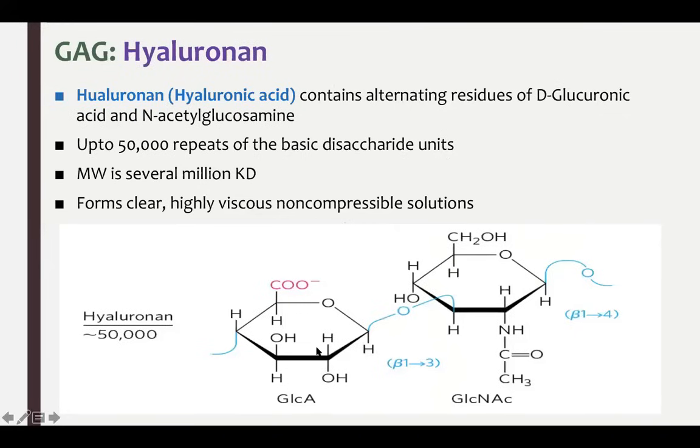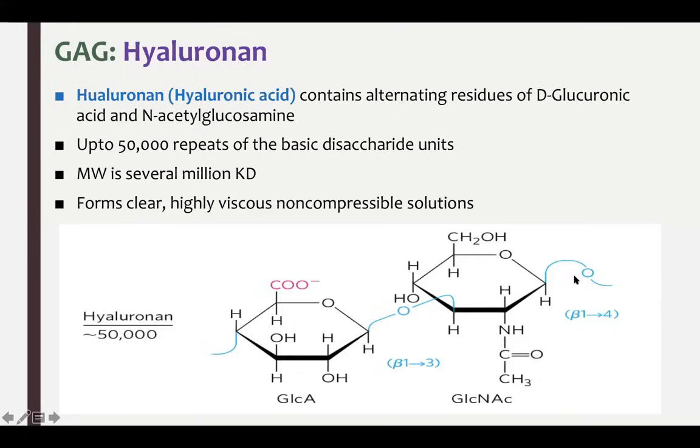So the bond between glucuronic acid and N-acetylglucosamine, if I call it NAG, is that glucuronic acid and NAG are bound with the beta 1,3 bond. And then after that one, there is another glucuronic acid, so NAG is bound to glucuronic acid via beta 1,4 linkage.